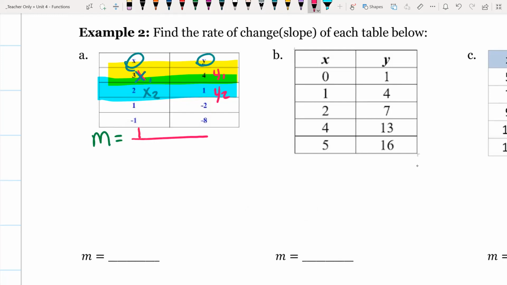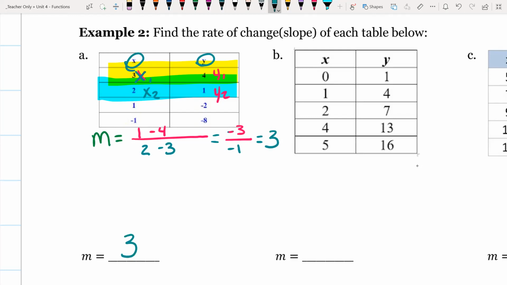Y2 is 1, y1 is -4, x2 is 2, x1 is 3. So now we just simplify that. 1 minus 4 is -3. 2 minus 3 is -1. And then -3 divided by -1 is simply 3. So our slope is 3.